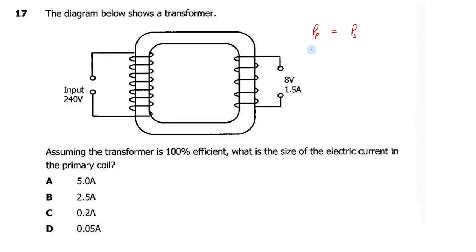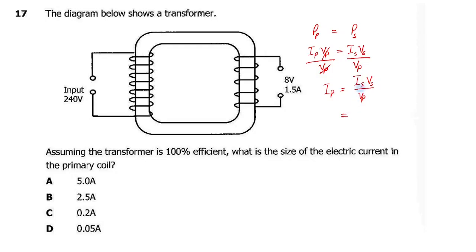So here power is current in the primary times voltage in the primary, equal to current in the secondary times voltage in the secondary. The question is, what is the size of electric current in the primary coil? To get it, we will get rid of the voltage in the primary on both sides, and we remain with current in the primary equal to current in the secondary times voltage in the secondary over voltage in the primary.